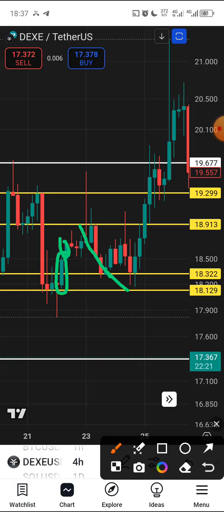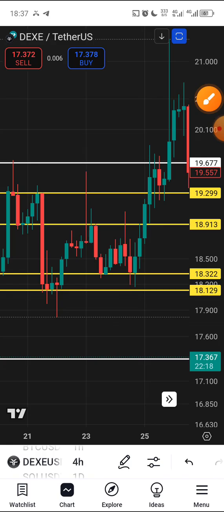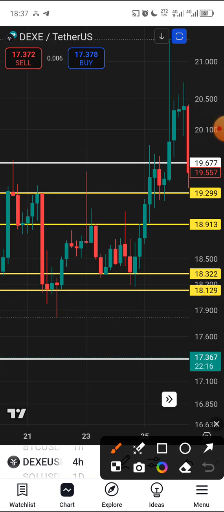Okay, so in case you enter this coin at this point here, after it had made a retracement, and your take profit was at this line of resistance here, do you see that the market first went down here before reaching your take profit?